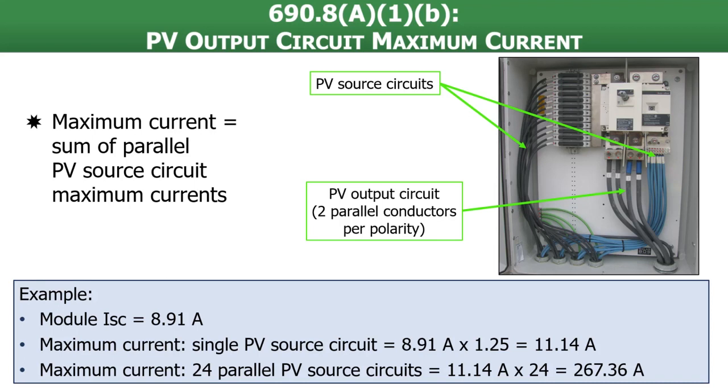And then our maximum current for 24 parallel PV source circuits. If there were 24 of those PV source circuits coming into that combiner box, we would take 11.14 amps times 24, and that's going to give us 267.36 amps. That's going to be our maximum current for our PV output circuit.